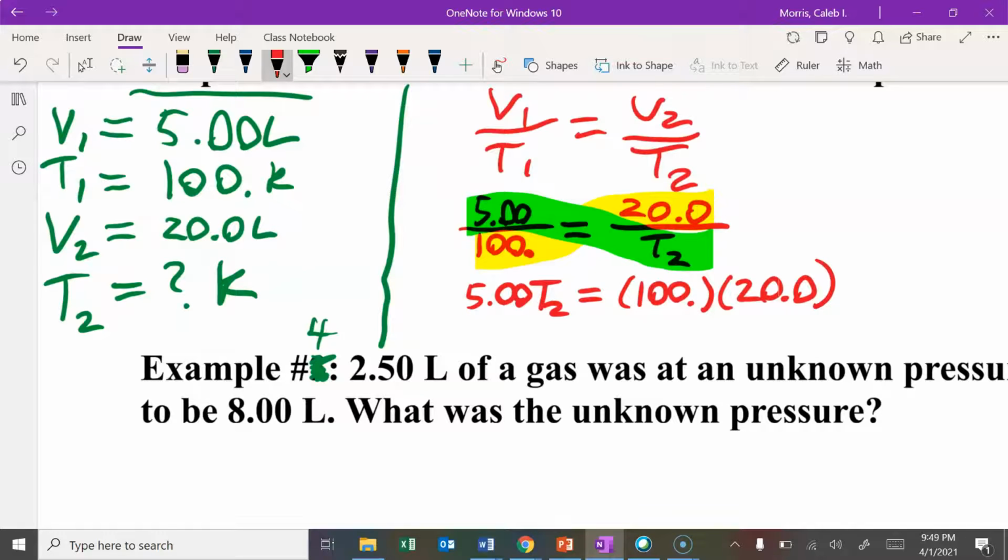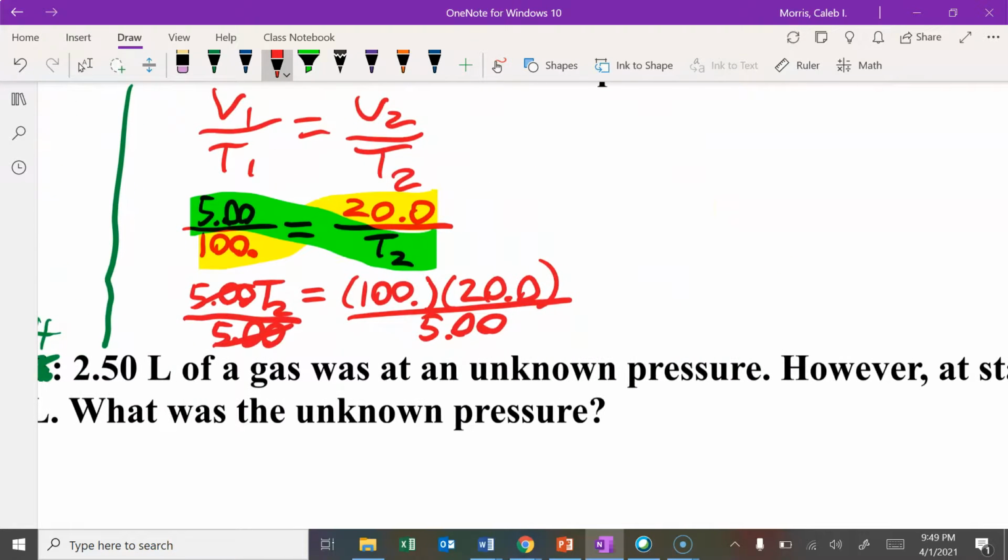And if I wanted to divide and solve for T2, I just divide both sides by 5.00. When we do that, we find that T2 equals 2,000 divided by 5, which is 400 Kelvin.